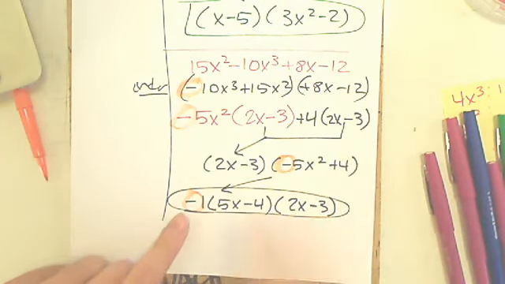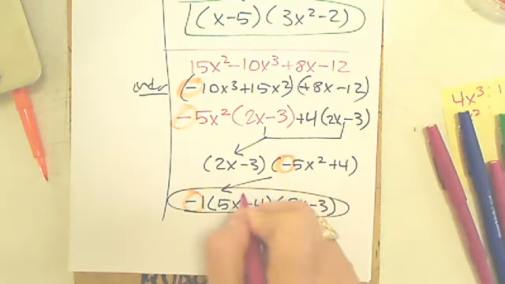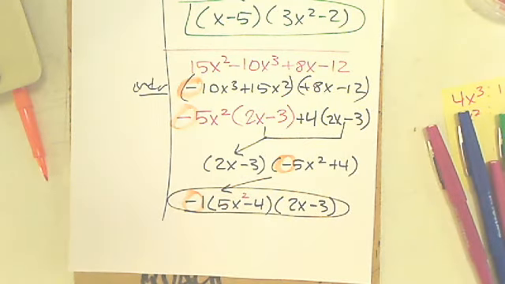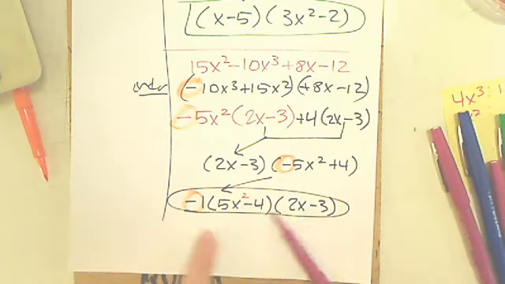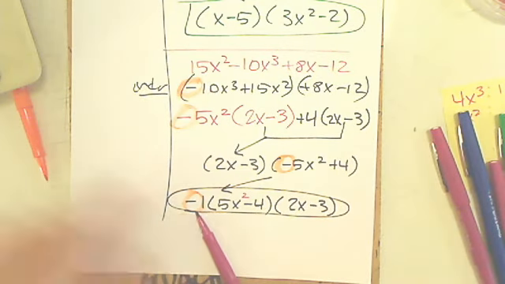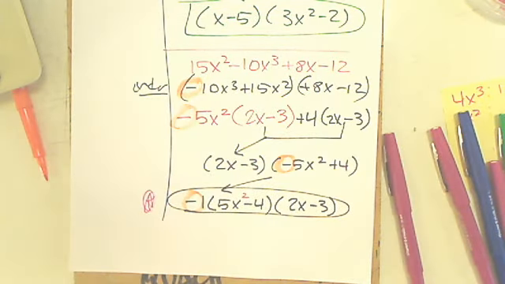But I need you to see the difference. Sorry. So, again, both answers are okay, but sometimes your teachers will want you to take out the negative 1. Okay? Any questions, comments, concerns? Okay, that wraps it up.